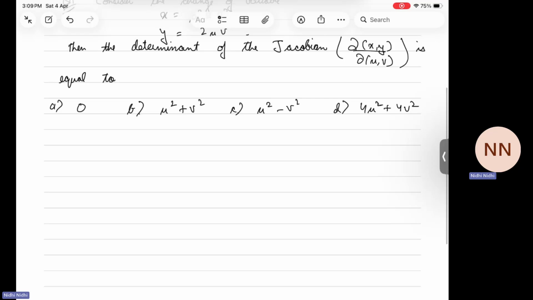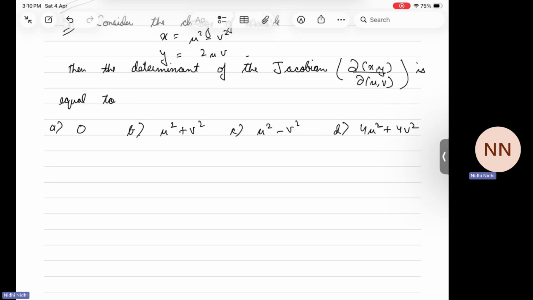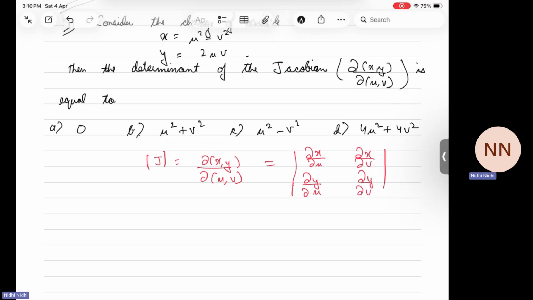We know that when we make change of variable from xy to uv, where x is some function of uv and y is some function of uv again, in that case we calculate the Jacobian as del xy, and in fact its determinant is the determinant of the matrix del x by del u, del x by del v, del y by del u, del y by del v.